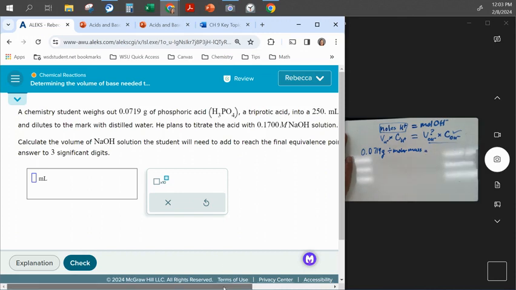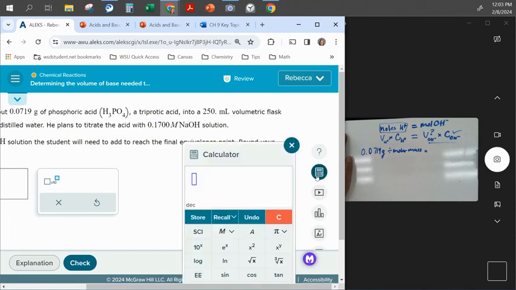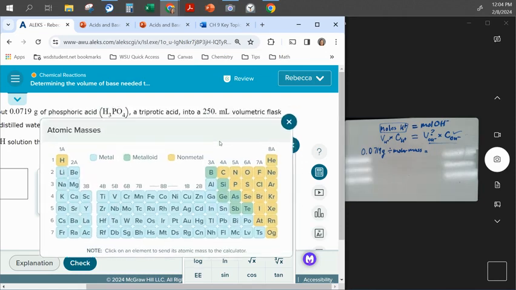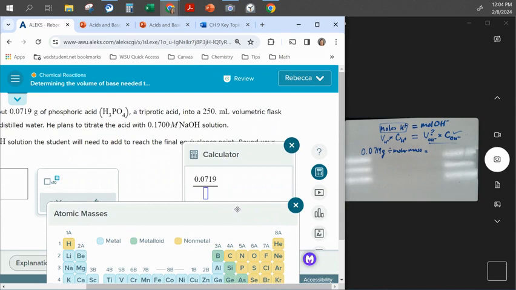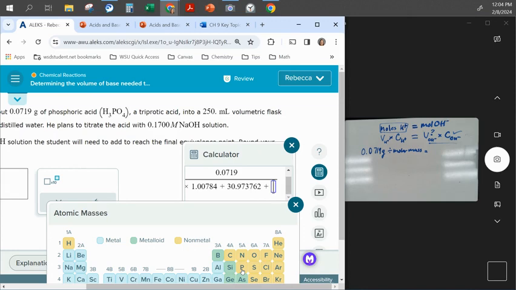So let's do that. 0.0719 divide by the formula. We have 3 times hydrogen, plus phosphorus, plus 4 times oxygen.